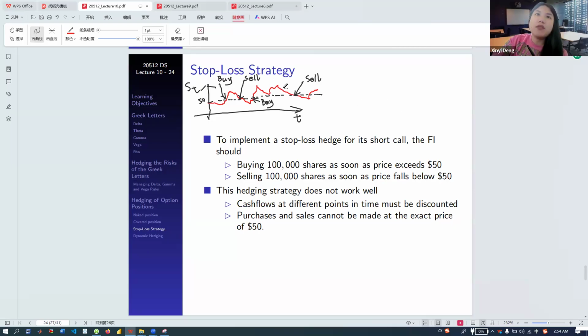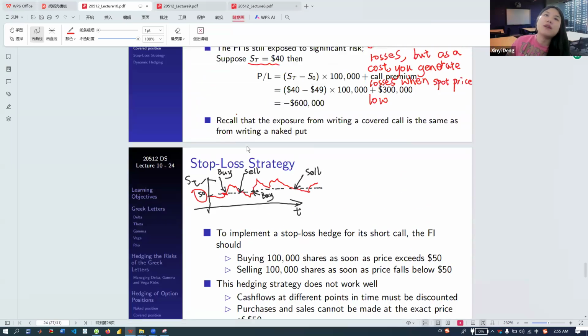For the stop loss strategy, the implication is that we are going to buy the underlying as soon as the price exceeds the strike price, and we're going to sell the underlying as soon as the price falls below the strike. Here, this is actually 50, the strike in our question.